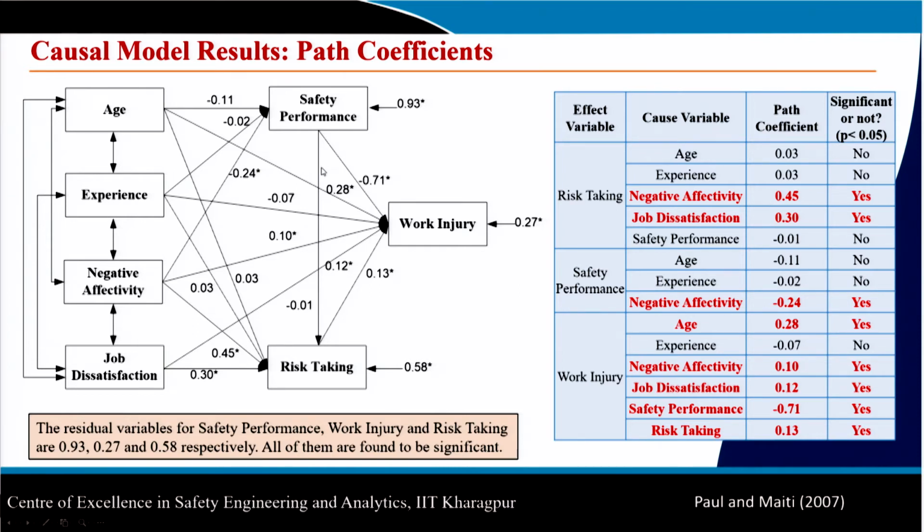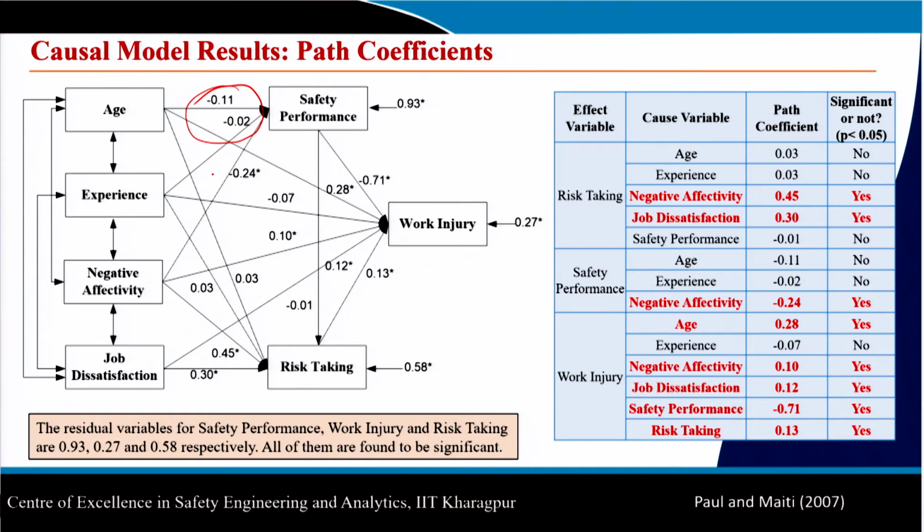If you see here, suppose we want to understand the safety performance vis-a-vis its relationship with age, experience and negative affectivity. So, you see that for age and experience, the coefficient values are low and they are not statistically significant also.